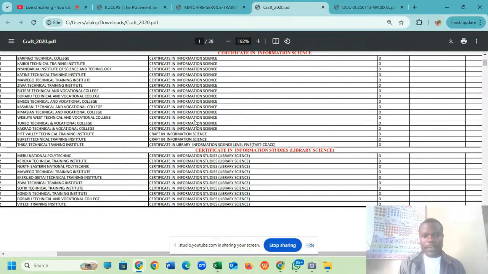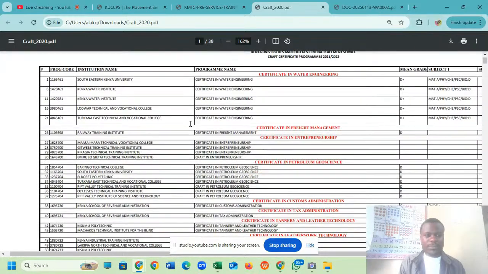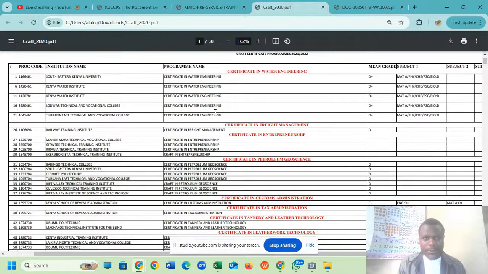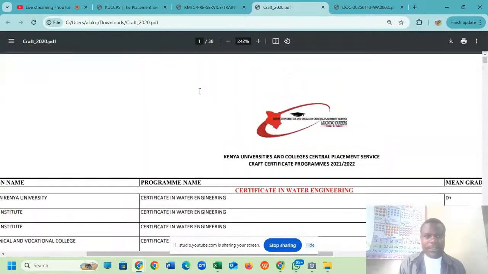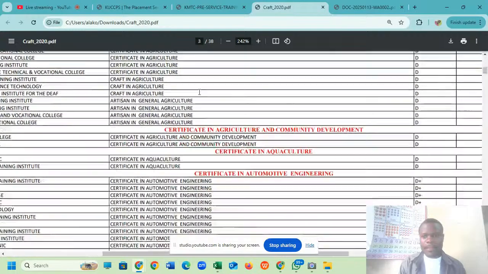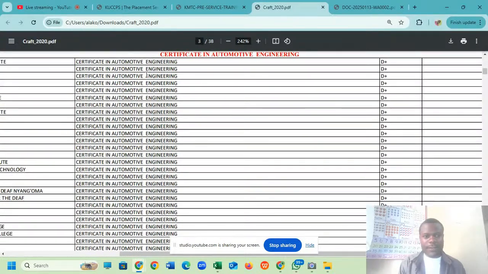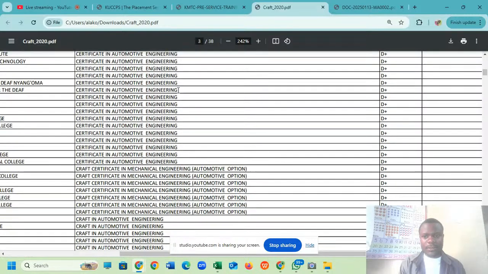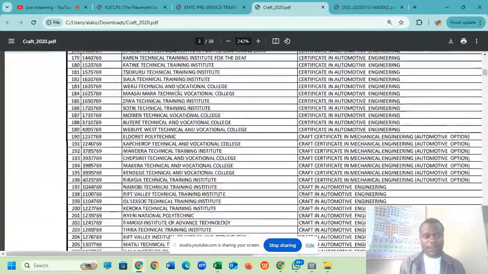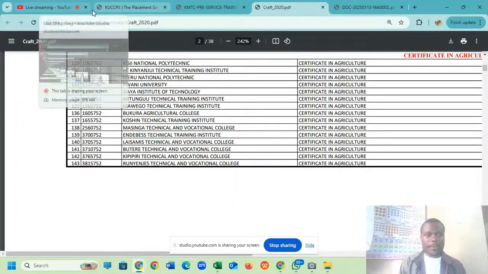So you have so many courses, too many of them, on the KUCCPS portal, like certificate of engineering. This list has several courses with their minimum grade. For example, certificate in automotive engineering, D plus, with different institutions. Same to diploma.